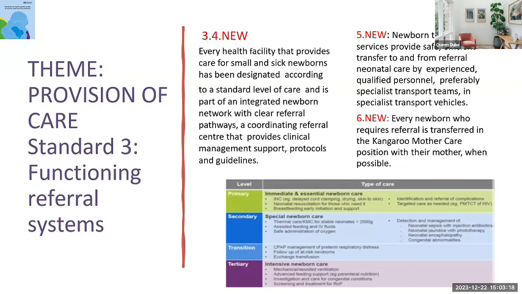But then when you get into your secondary level, this is where we now start to talk about the special newborn care units. So where you have these unstable babies, small and sick newborn babies, babies with infection, babies who are preterm, babies who are asphyxiated. So you are then talking about special care for these babies who are jaundiced.